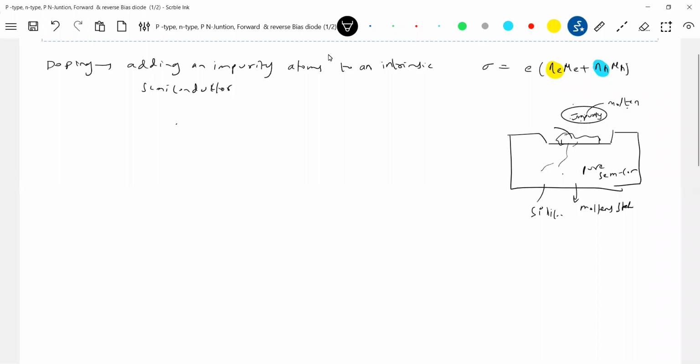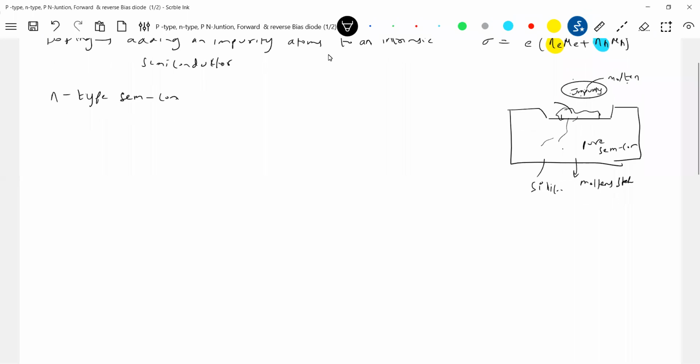So first I'll go for construction of the n-type semiconductor. For this, pentavalent impurity atoms are added to the intrinsic semiconductor.